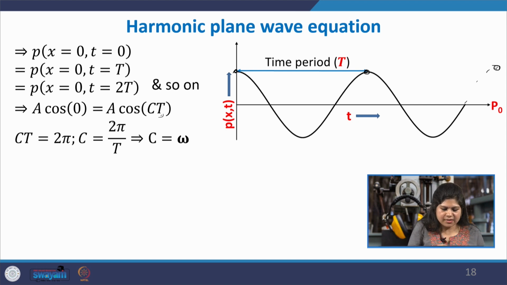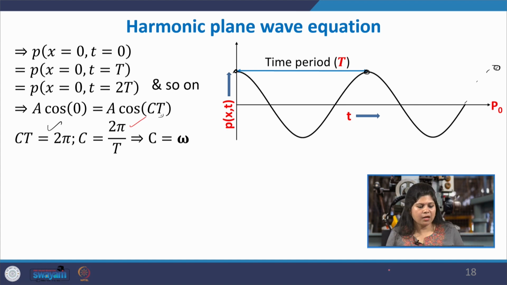So, cT is equal to 2 pi, which means c is 2 pi by capital T.